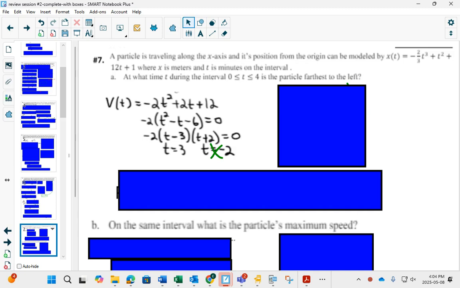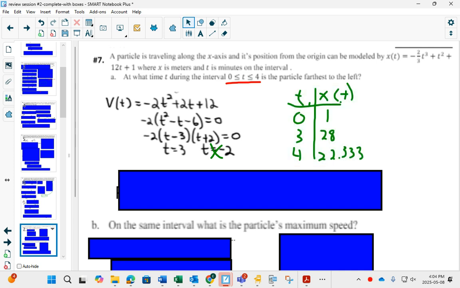The reason I can X out the time equals -2 is we're only worried about between 0 and 4. When is it the farthest to the left? This is an extreme value theorem question.